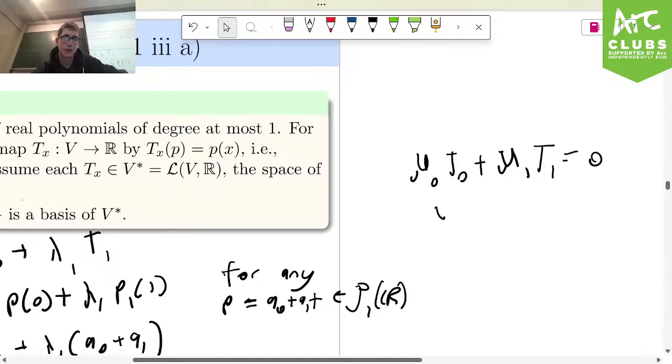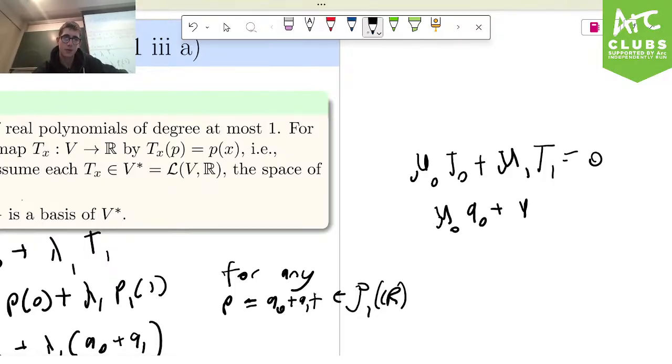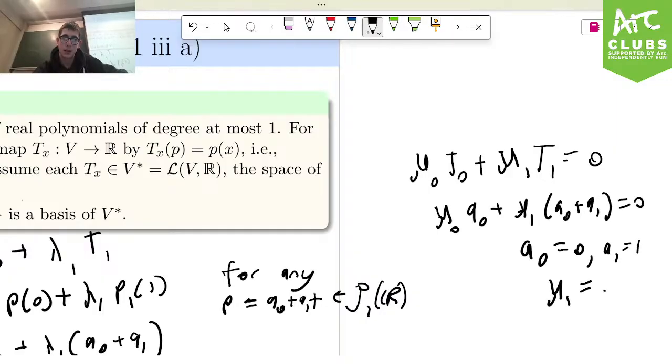So using that kind of notation again, we could say mu naught A naught plus mu1 times A naught plus A1 is equal to 0. Setting A naught equal to 0 and A1 equal to 1 means that mu1 is equal to 0.